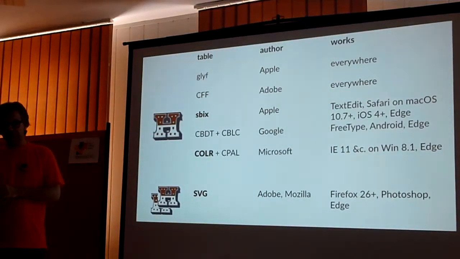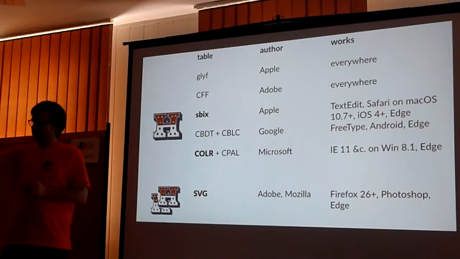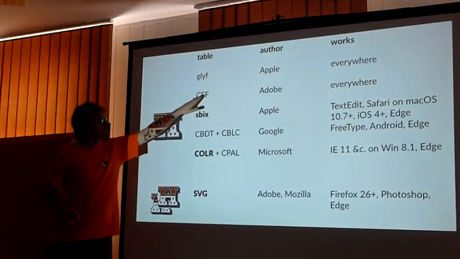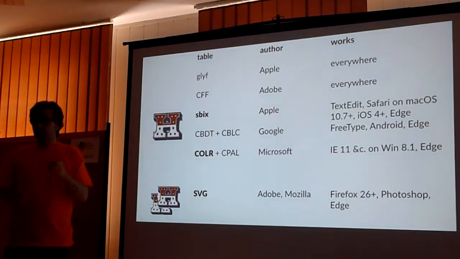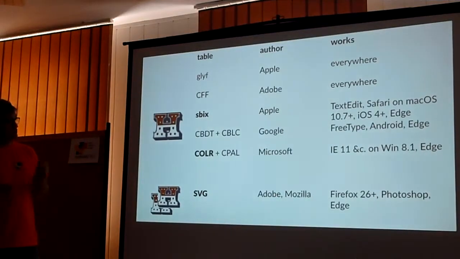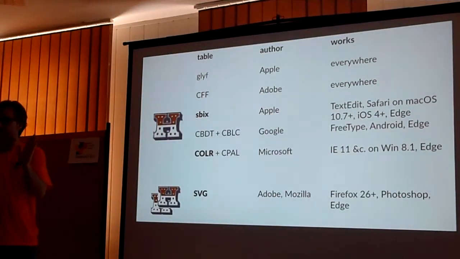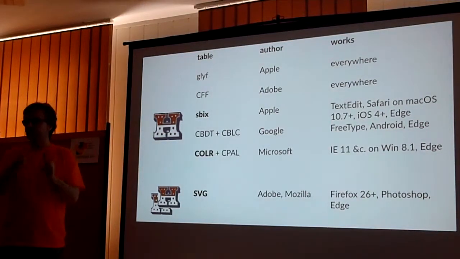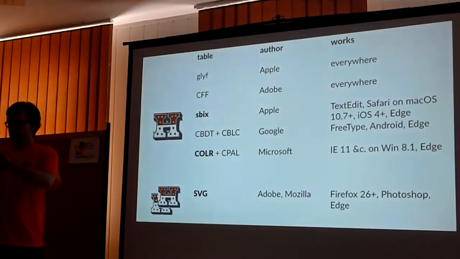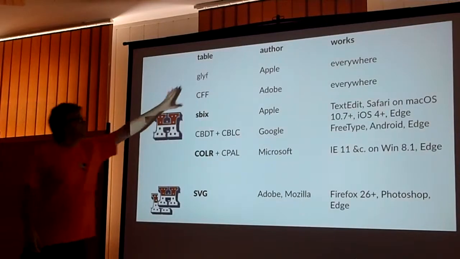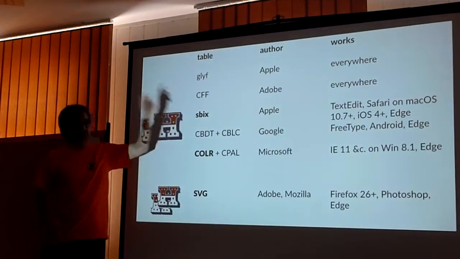is a table that takes monochrome glyphs, TrueType or CFF, and has information to stack these glyphs on top of each other and give each of these glyphs a different color. So basically it's just a way of layering glyphs.